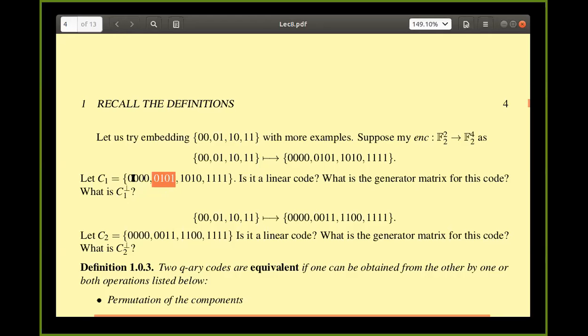Take the dot product with all the 4 vectors. Is it equal to 0? Yes. So it is orthogonal; each vector is orthogonal to itself, right? So is C1 equal to C1 perp?